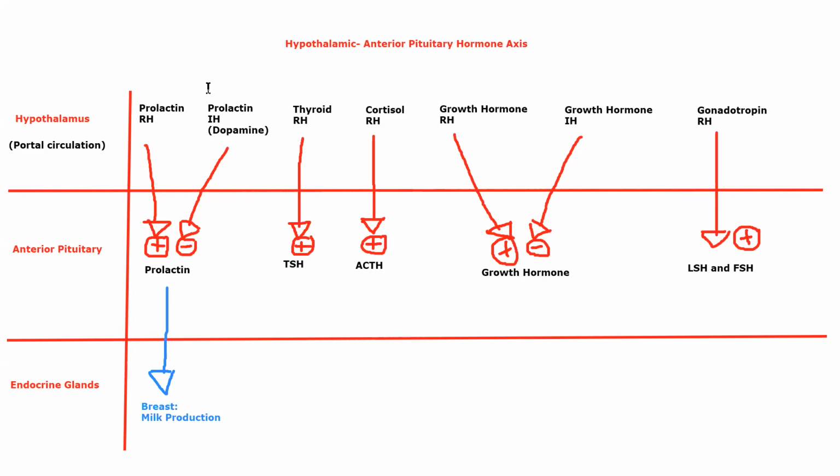Thyroid stimulating hormone, we talked about extensively. That is going to act on the thyroid gland, and that is going to increase T3, T4 production. So the thyroid gland is the endocrine gland in question, and T3 and T4 is the final hormone that is released.